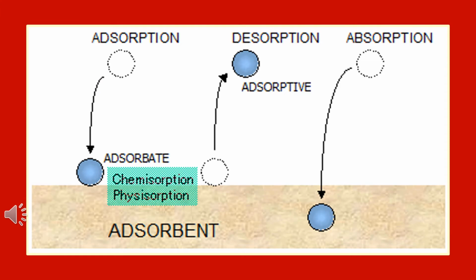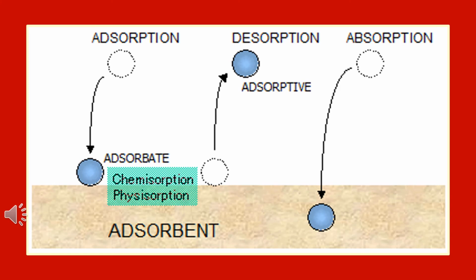This picture explains three processes called adsorption, desorption, absorption. If you see, in the adsorption, the adsorbate molecules are concentrated on the surface of the adsorbent. In the second one, the adsorbate molecules are removed from the surface of the adsorbent. It is called desorption.